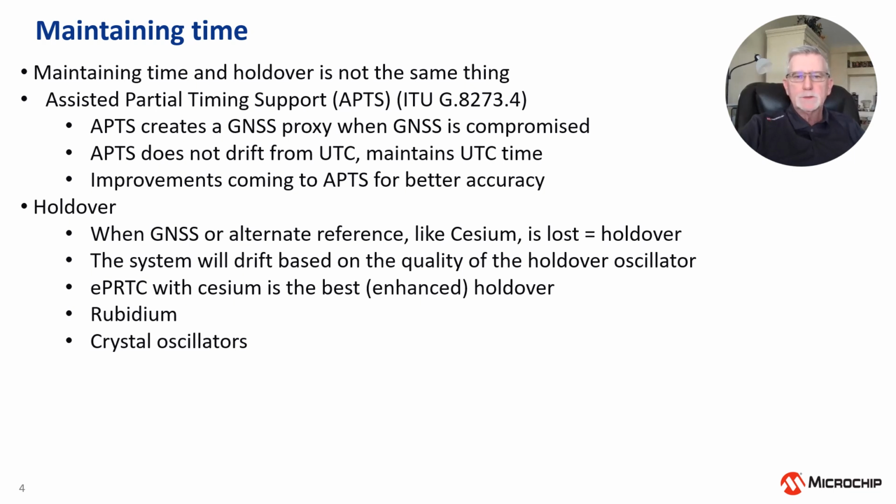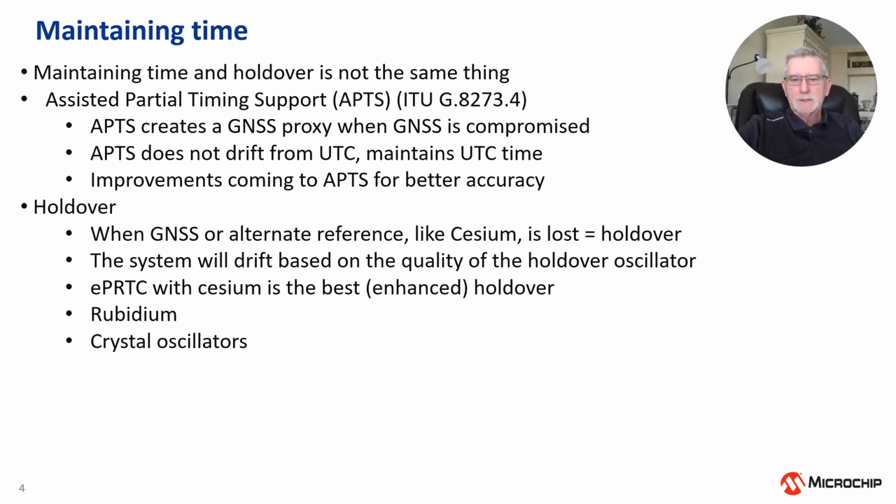We can do this with a concept called assisted partial timing support, which is an ITU standard, G.8273.4. APTS, or assisted partial timing support, creates what we call a GNSS or GPS proxy when GPS is compromised. So if we have a receiver at point A and we have another receiver at point B in the network, we can establish a PTP flow from point A to B between the two receivers.